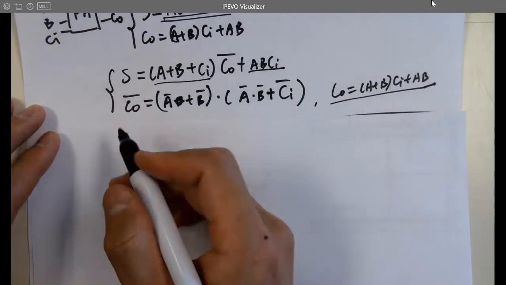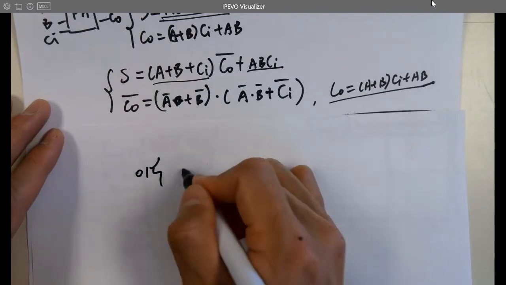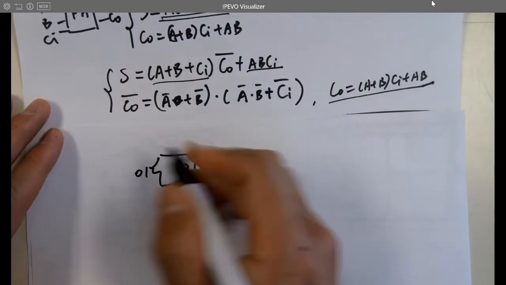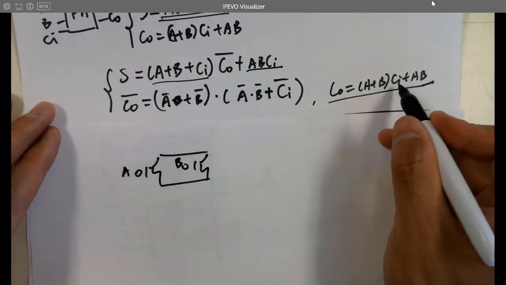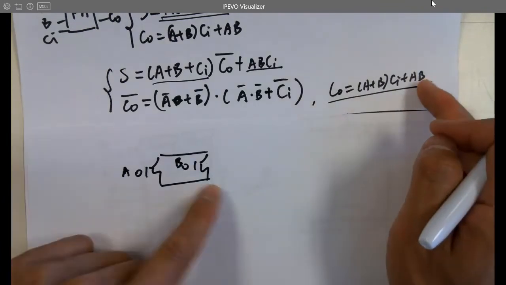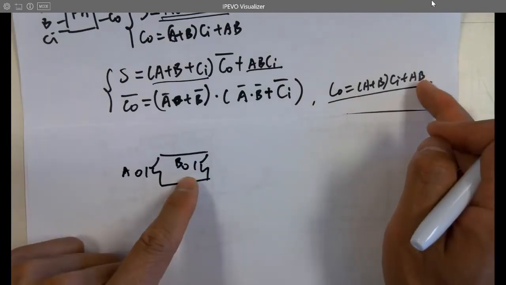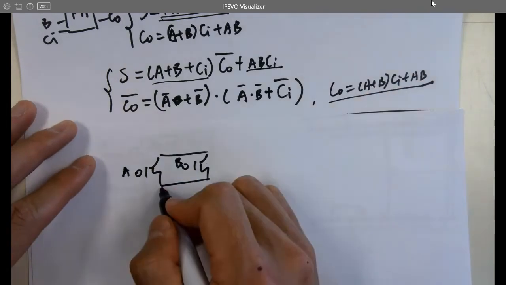Right? So for this one, we can have A, B, and CI. So A, B, they are, oh no, this is AB, right? In parallel. Yeah. And CI, AB in series, and CI in parallel.